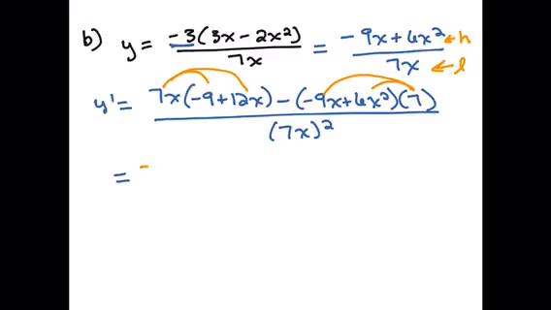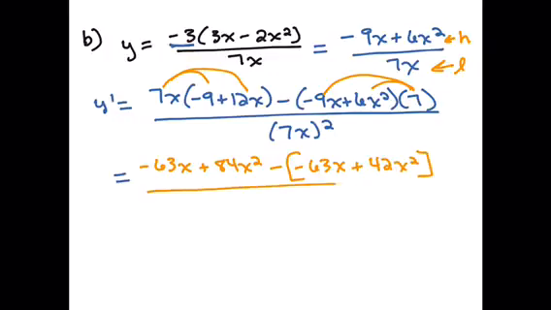And I get negative 63x plus 84x squared minus, I'm going to save that to distribute later, negative 63x plus 42x squared. And this time in the denominator, I just have a single term, so I'm going to go ahead and square it. I get 49x squared in my denominator.